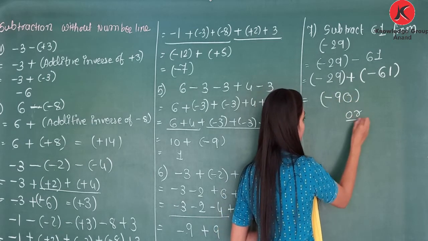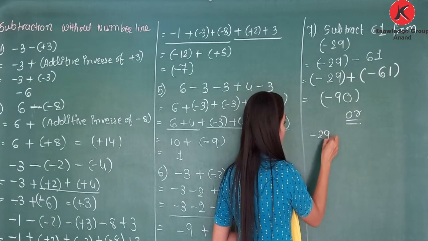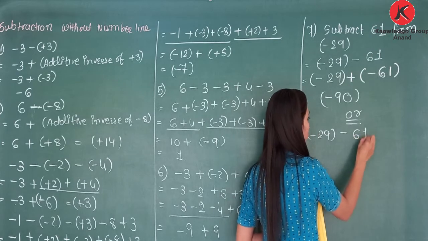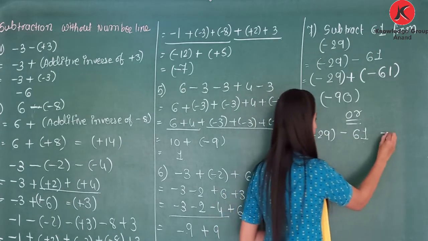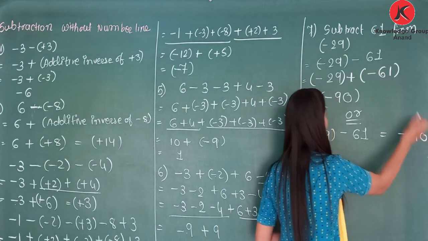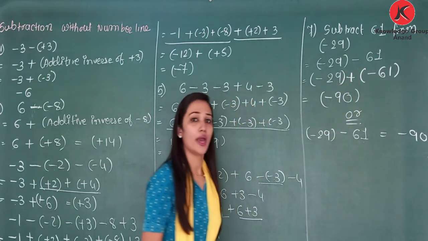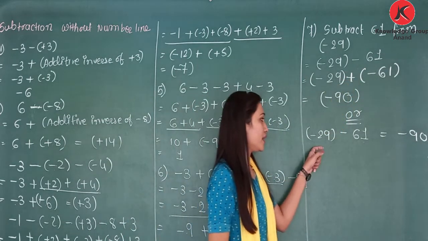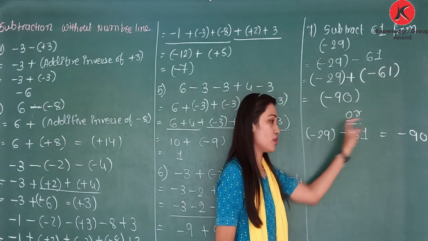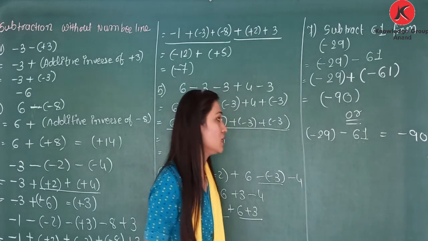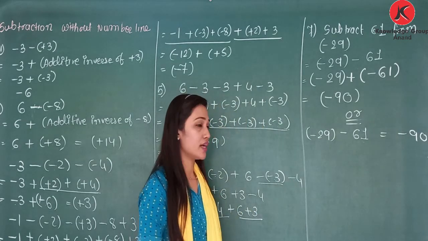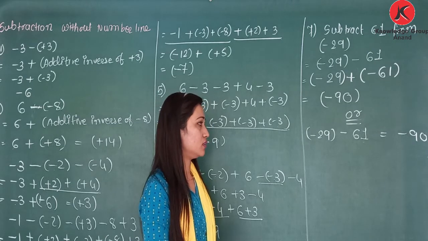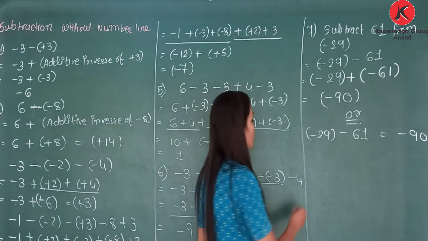Or you can directly write minus 29 minus 61. Both are negative, so add the numbers. You can convert it first into additive inverse, or you can directly write that both are negative, so add the number, so that is 90, and bigger number is 61, that is negative, so it is minus 90. Clear? Let's take one more example.